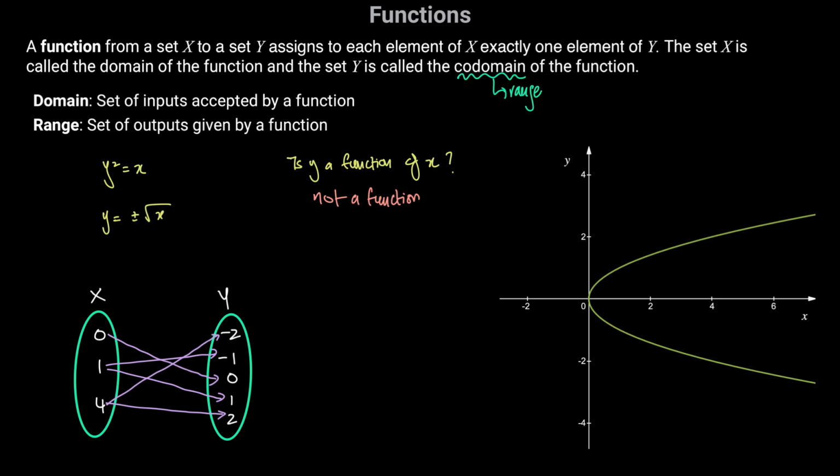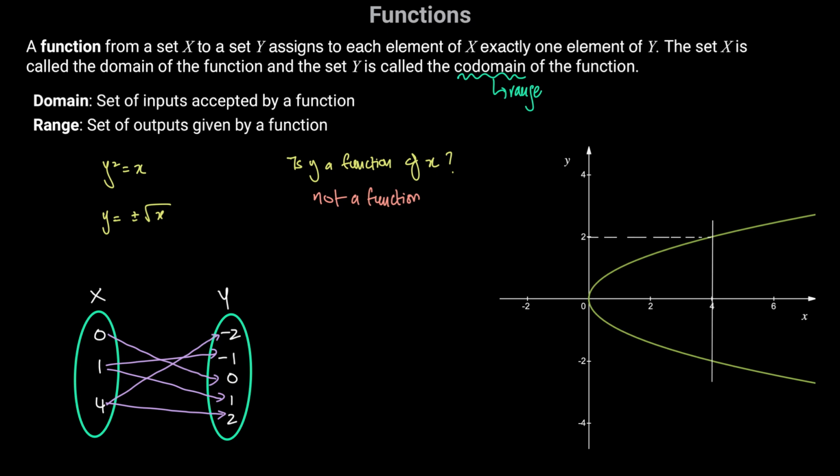And we can verify this graphically by using something known as the vertical line test. Here, if I draw a vertical line at x is equal to 4, that represents the input. If the input x is equal to 4, we clearly see over here that the output y could be +2 or it could be -2.